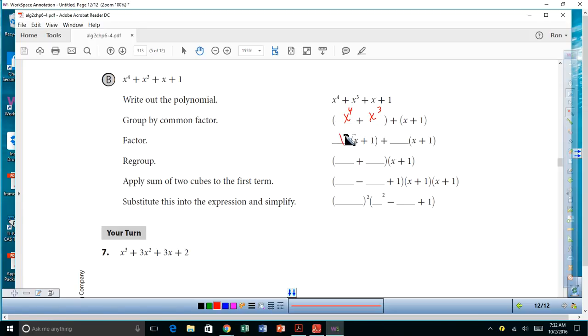We can factor x cubed out of there. And notice that leaves you with x plus 1. What can we factor out of there? We can factor a 1. That's all we can factor. And that leaves x plus 1. So we have x cubed plus 1 times x plus 1.